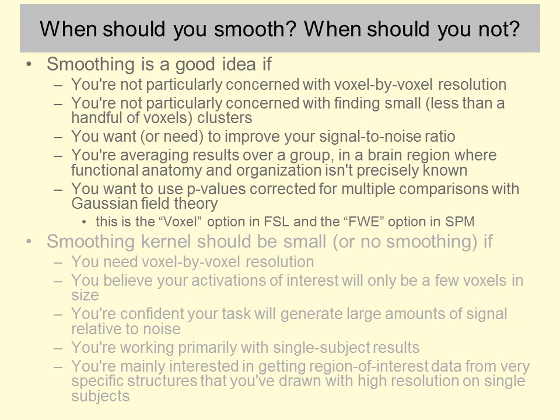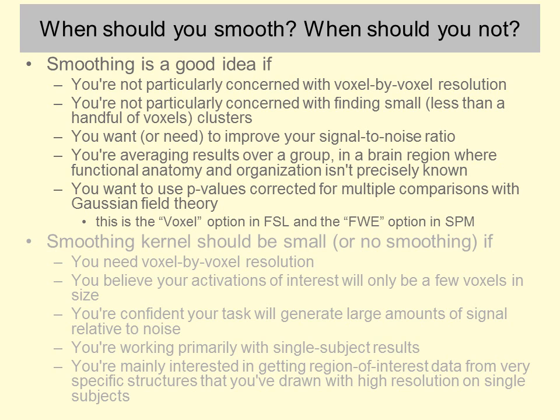If your original voxel size was 3 by 3 by 3 millimeters and then you apply a 9 millimeter smoothing kernel, your effective spatial resolution is now much less than you started with. But if you're not particularly concerned with finding clusters that are smaller than a handful of voxels in terms of your original voxel size, then smoothing is going to be fine.